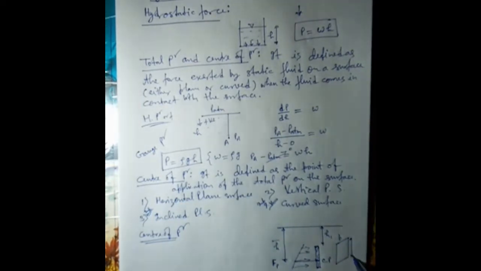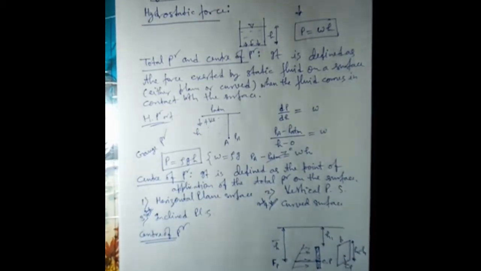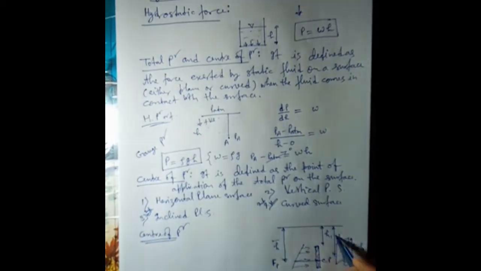and this height is h2 minus h1. This is the center of pressure, and that is the CG, center of gravity. And this height is x bar.